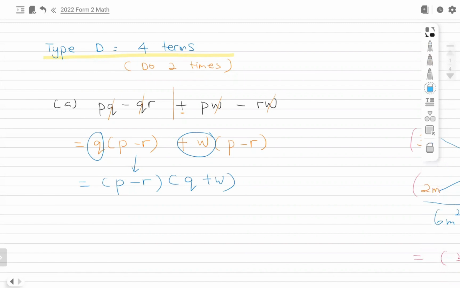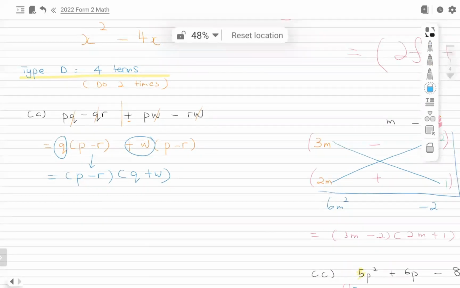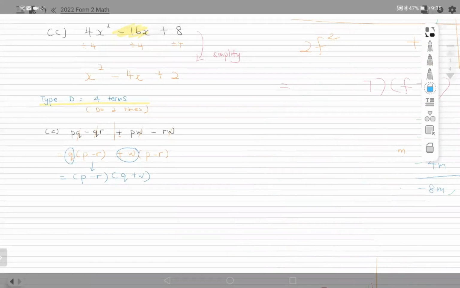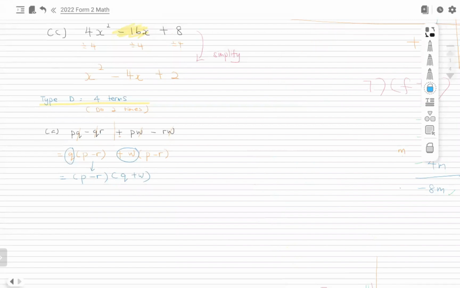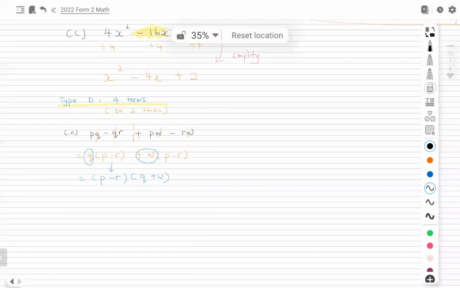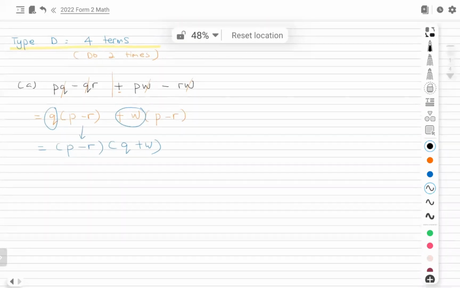So I assume finish already, yeah? So I go to the side, we do one example there. Okay, one example, you refer to the notes.